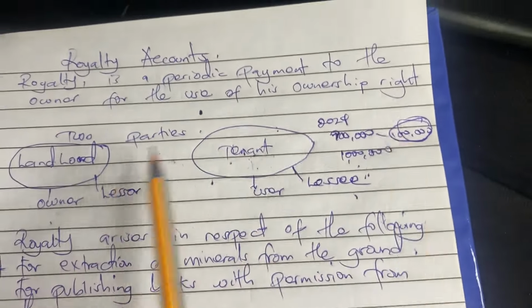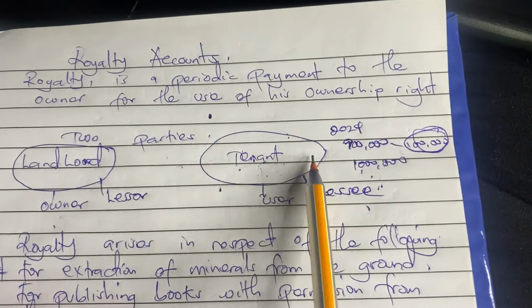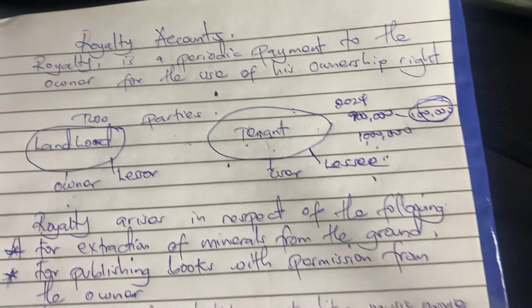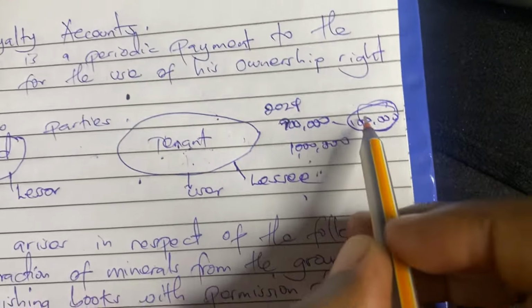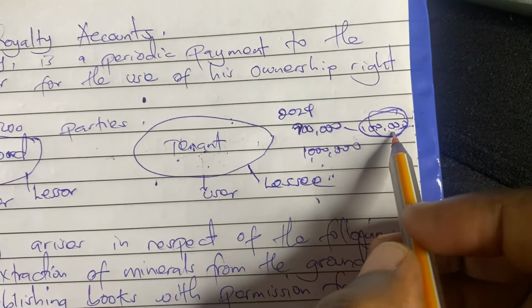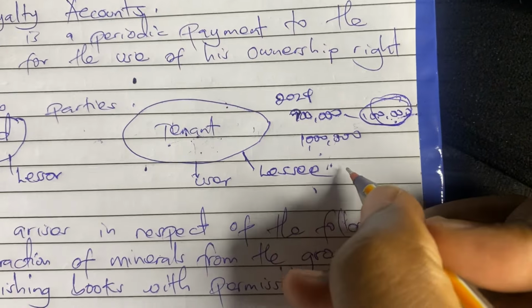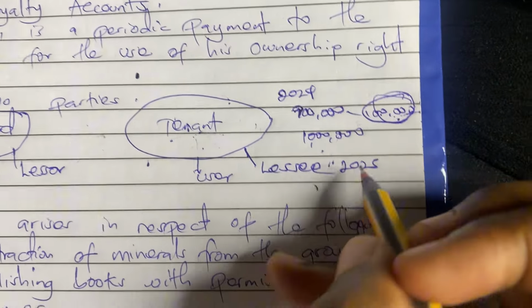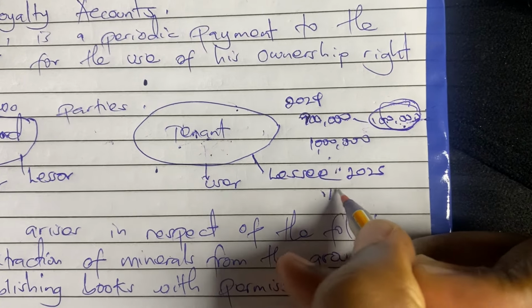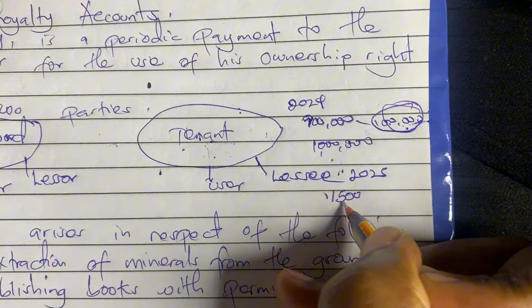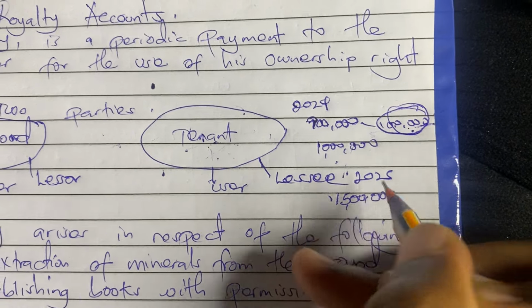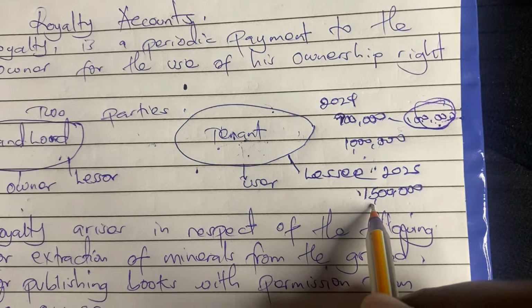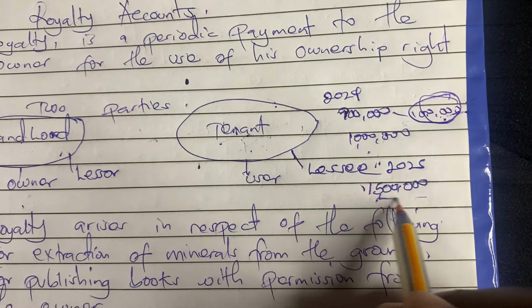Depending on the agreement, the tenant can recover the short workings that were incurred. So in 2024, the tenant incurred short workings of 100,000. Maybe in 2025, the tenant made 1.5M from this person's music as the actual royalty.